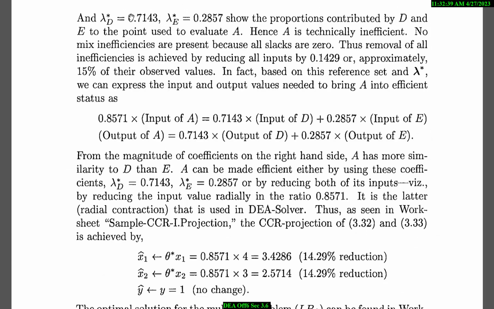Note that the values of lambda also show the proportions.